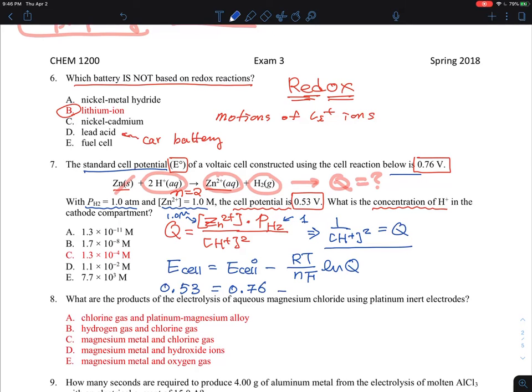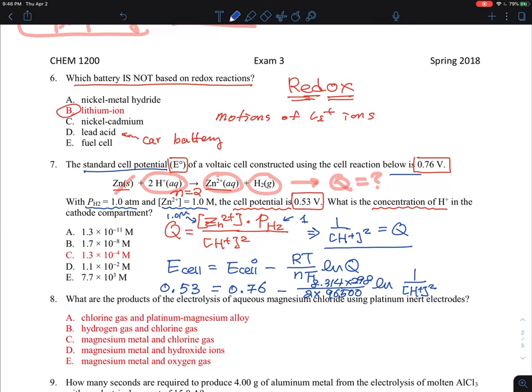Now I'm going to finish that up by saying, the 2 electrons involved, 96500, 8.314, 298, ln 1 over H plus squared. I got all the numbers.